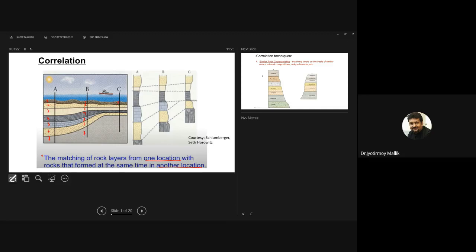But C goes through only layers 1 to 6, right? Now, why has that happened? Simply because this number five bed is pinching out. It's not continuous all the way up to C.